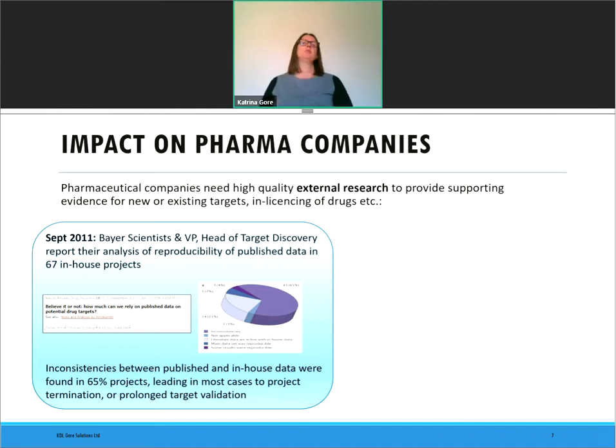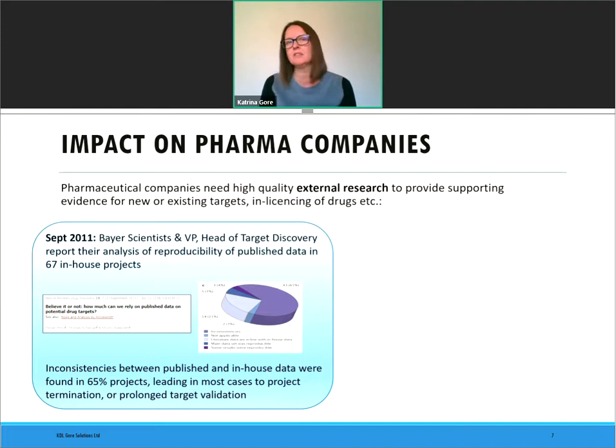When you think about pharmaceutical companies, the issues are there. Pharmaceutical companies need high quality external research to provide supporting evidence for the targets that they're going to be looking at, for in-licensing of drugs and many other activities that they perform. Back in 2011, 10 years ago now, some scientists from Bayer reported their analysis of reproducibility of published data that was supporting 67 in-house projects.